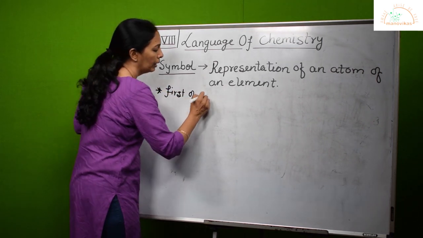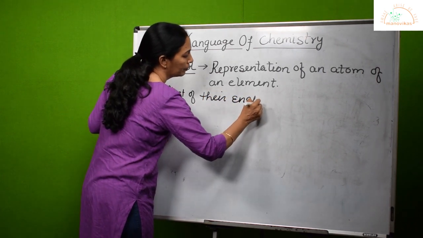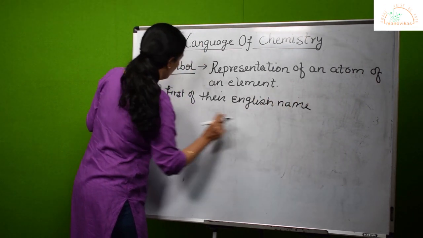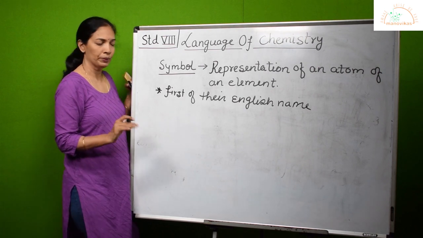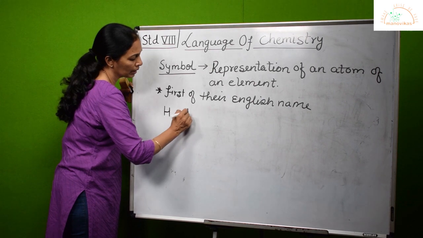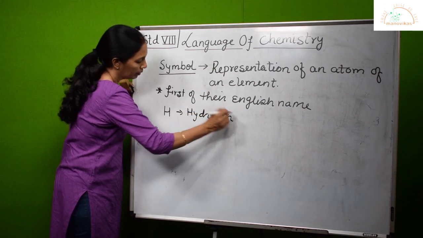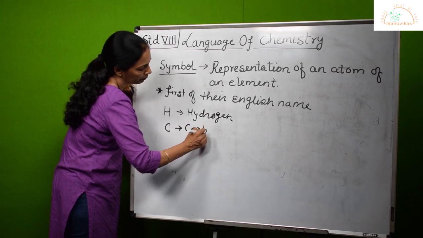of their English name, written in capital. So the first letter of the English name was taken and written in capital, like H for hydrogen. Once again I am giving this example: C, carbon.